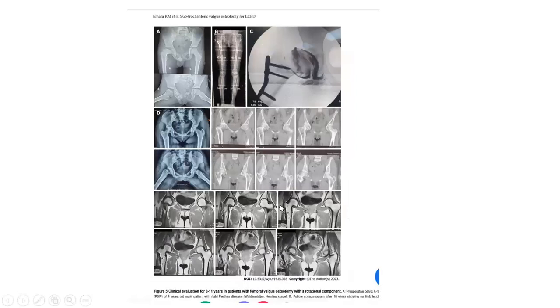As you see, for example, this is from our paper. This patient, we did the valgus osteotomy, brought the osteophyte away from the friction inside the acetabulum, corrected the limb length discrepancy, and corrected the varus deformity.